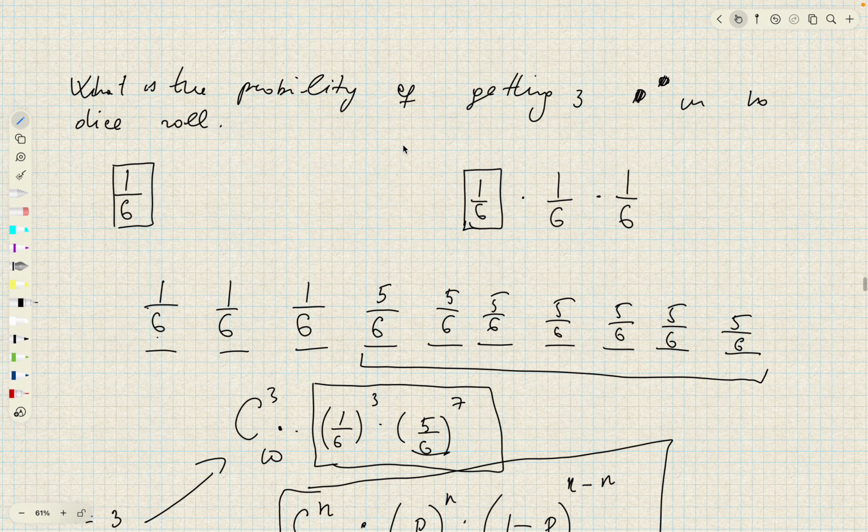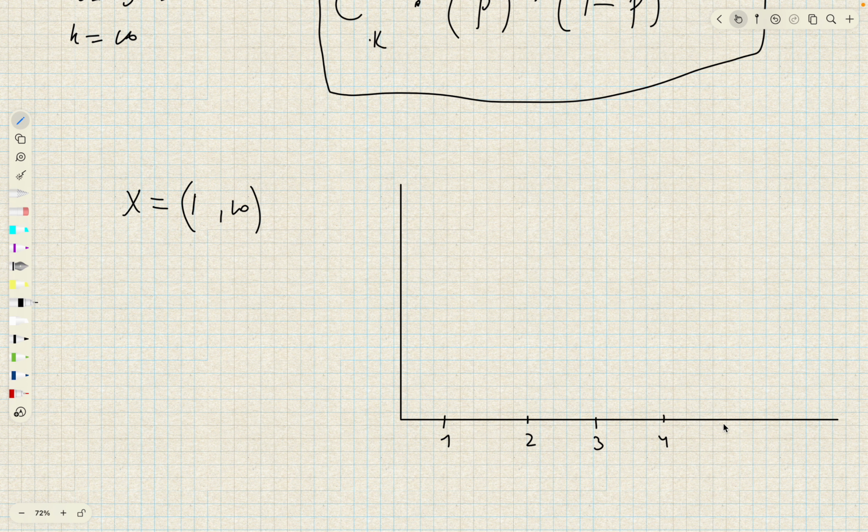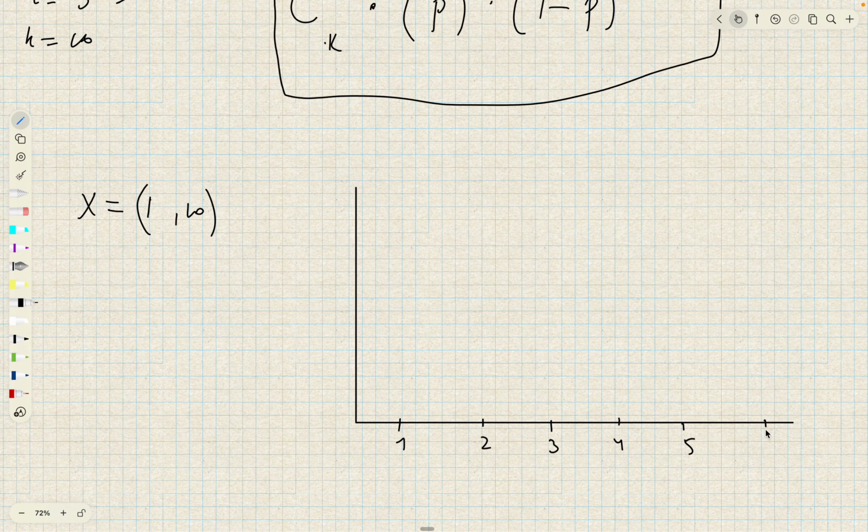So, for example, let's say this is 10 times, and this x can range from 1 to 10. It can take any value between 1 and 10, and we write it as 1, 2, 3, 4, 5, 6, 7.